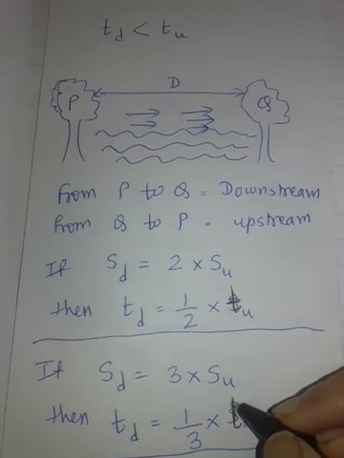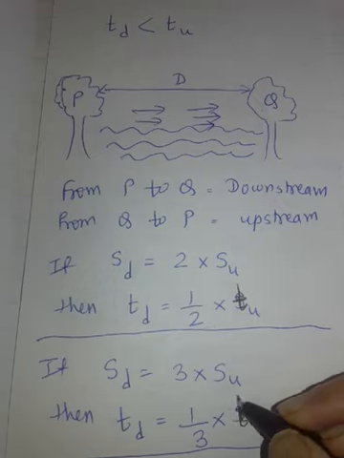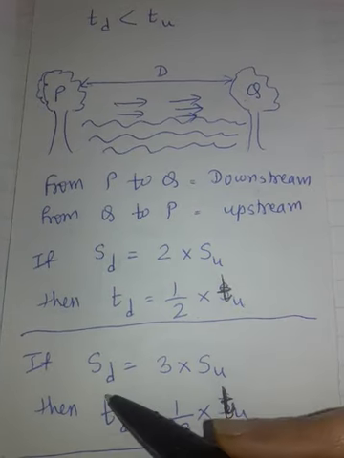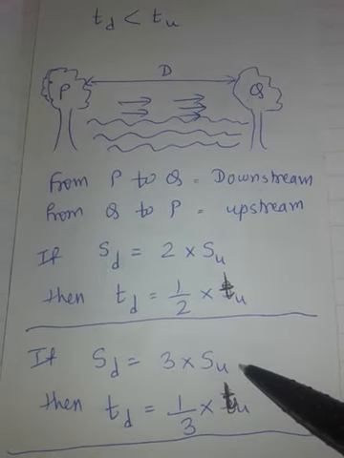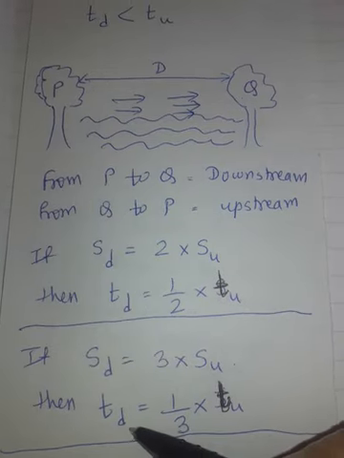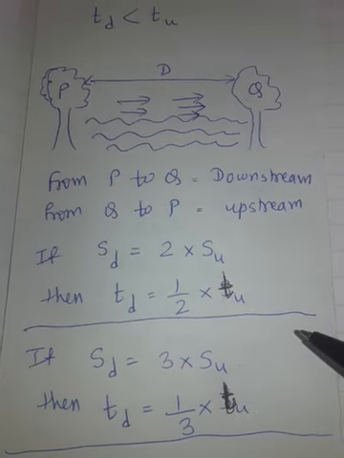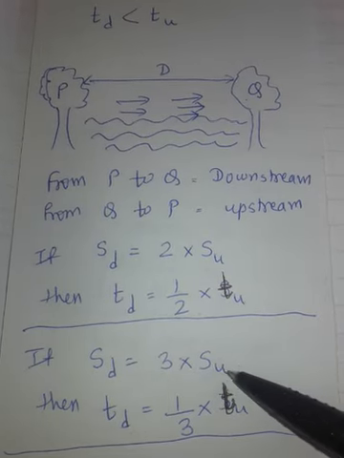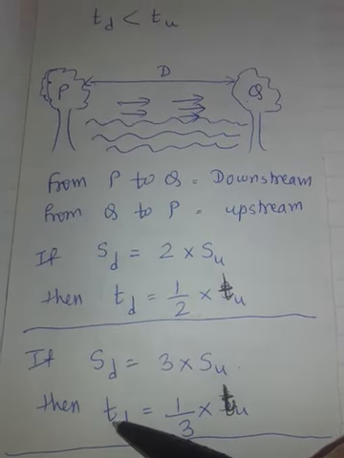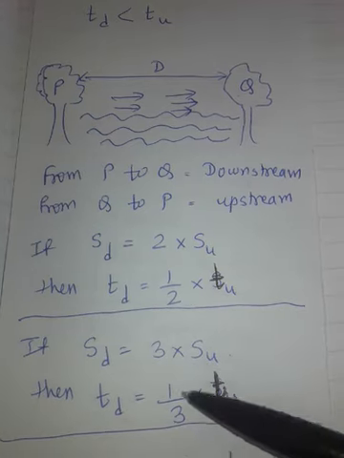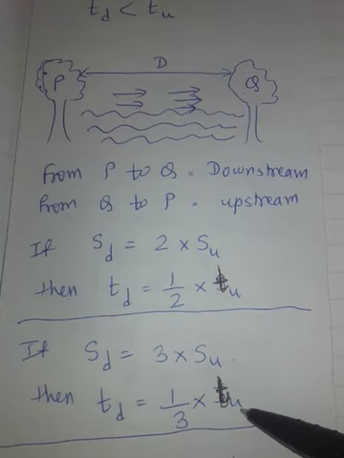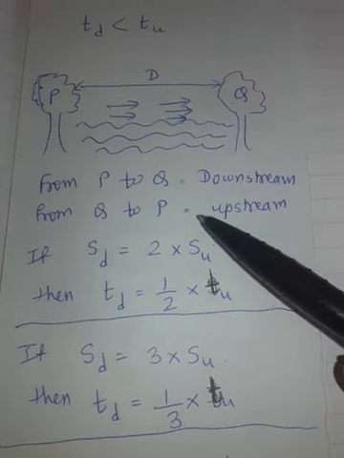This is also T. If speed downstream is 3 times that of speed upstream, then time required downstream will be 1/3 that of time required upstream. Understand this.